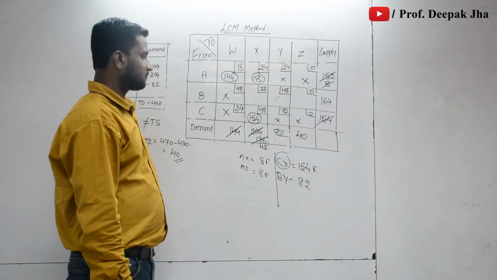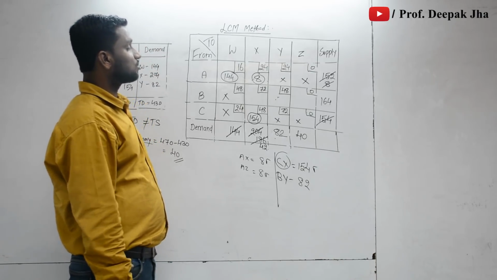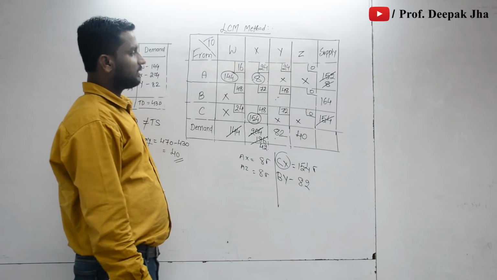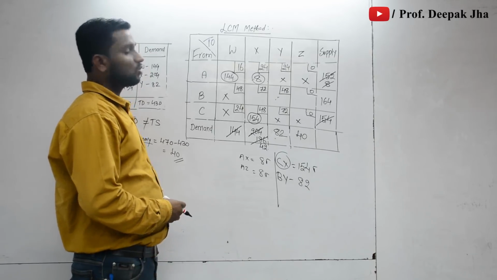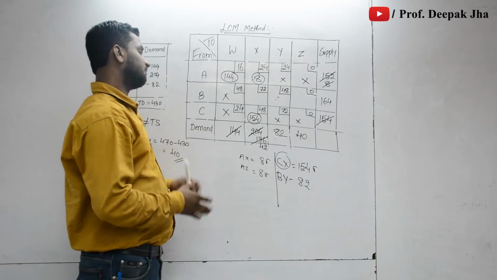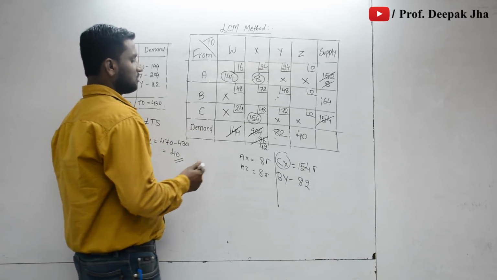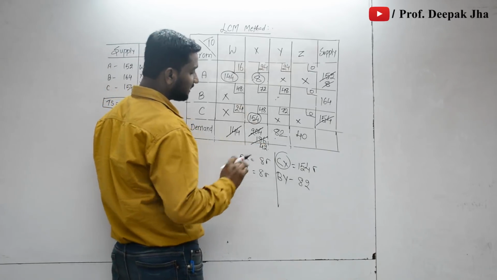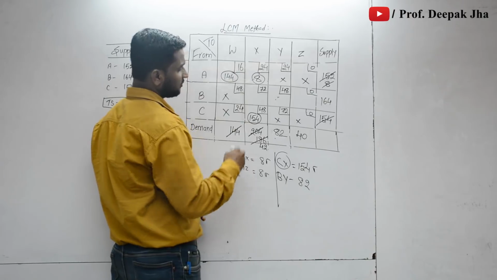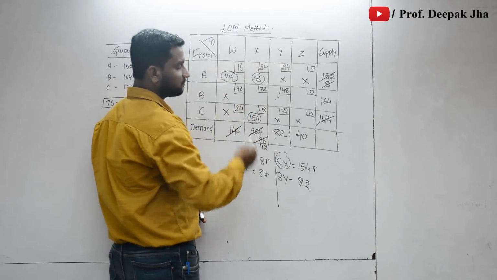Okay, since we are following the least cost method, my next allocation will be at that row or column where there is least cost out of the remaining. Okay, so you already made the allocation here. The next lowest cost, since you have considered this 48, now the next lowest cost is obviously this 48.